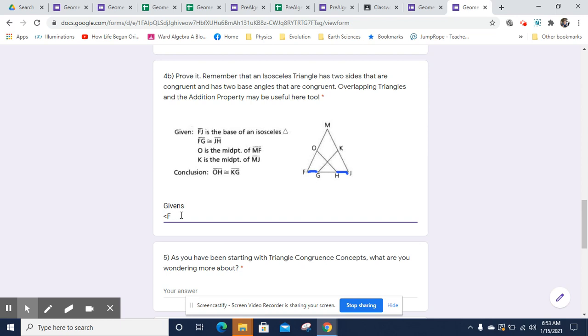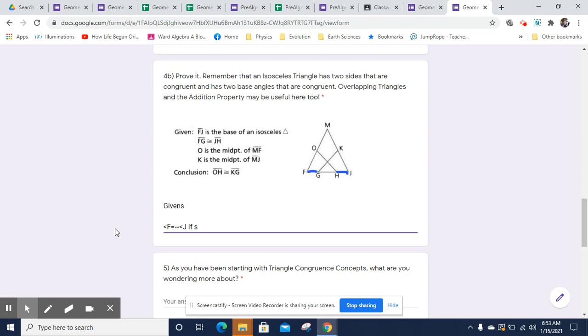Actually, we need to say this first. We need to actually say that MF and MJ are congruent. MF is congruent to MJ. We need to state this because just saying isosceles doesn't state it. You actually have to say that they are, because of definition of isosceles.